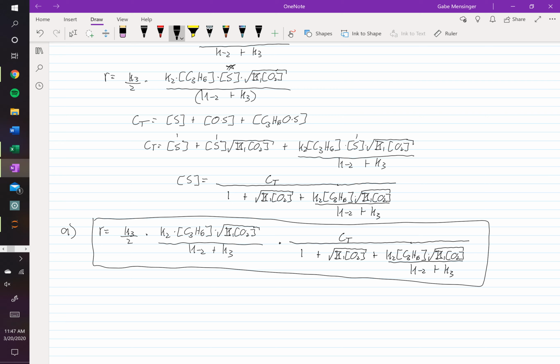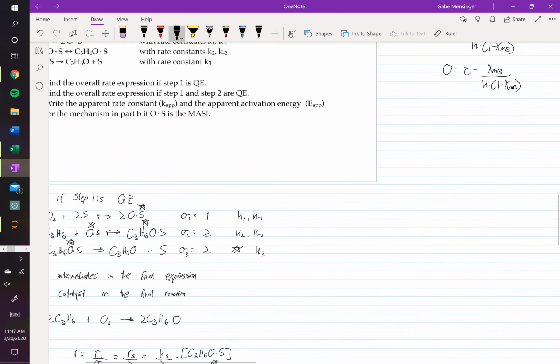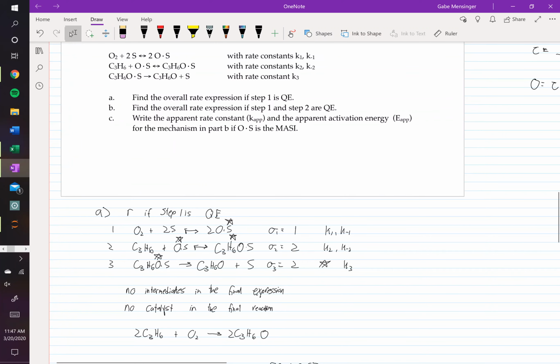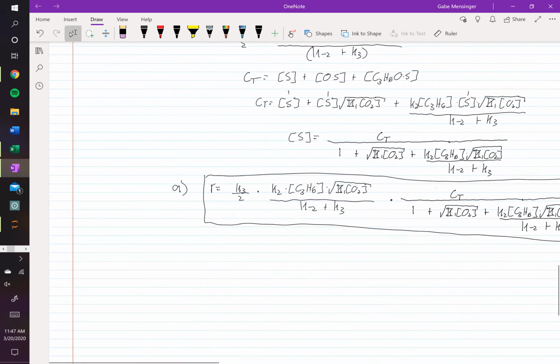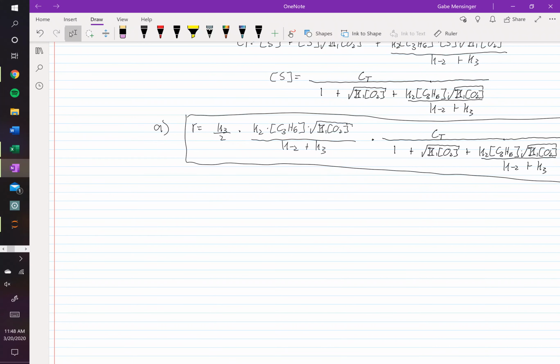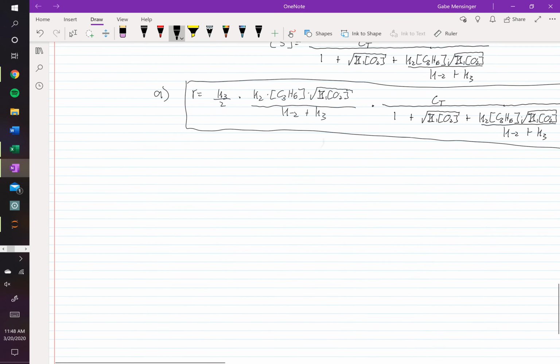All right, part B. Okay, find the overall rate expression if step 1 and 2 are QE. So, we'll zoom back in.